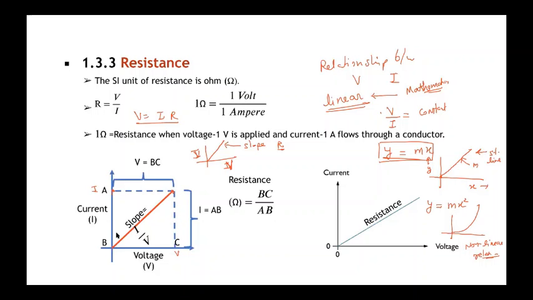So if this is I, this is also I. If you see this as a right angle triangle, this slope is perpendicular upon base. This we have studied in trigonometry, or yet to study? Yes, studied. So this perpendicular upon base will give you the slope, right?